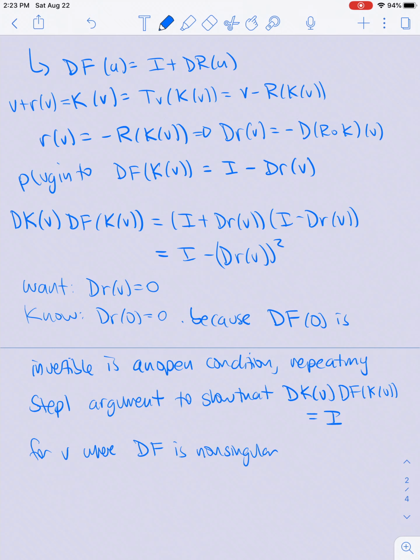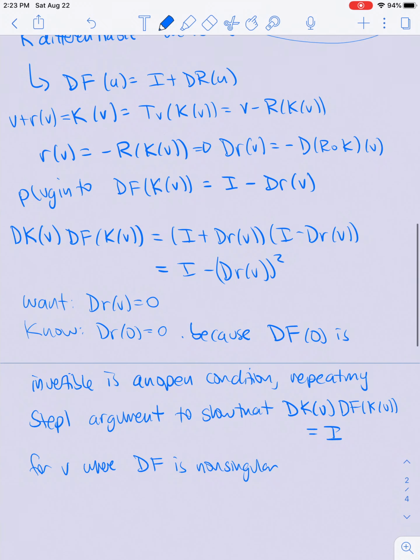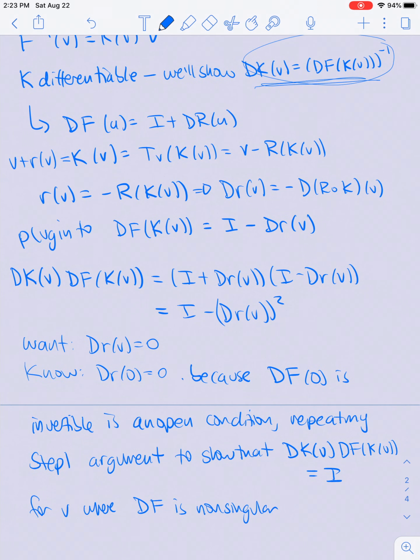So actually I get that dk is equal to the inverse of df at k of v.